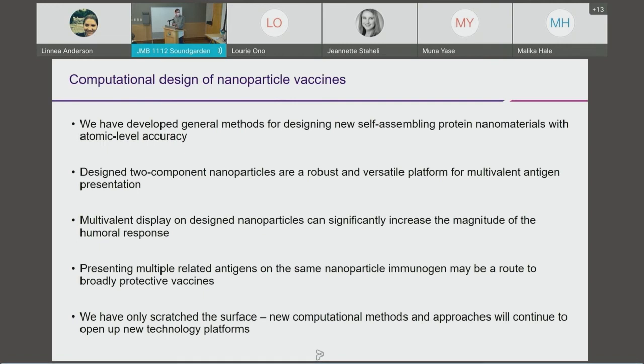But then I think the key point is that we've only scratched the surface. I mean, this is just the very, very beginning, right? And new computational methods and approaches are going to continue to open up new technology platforms. It's a really exciting time in the field right now.